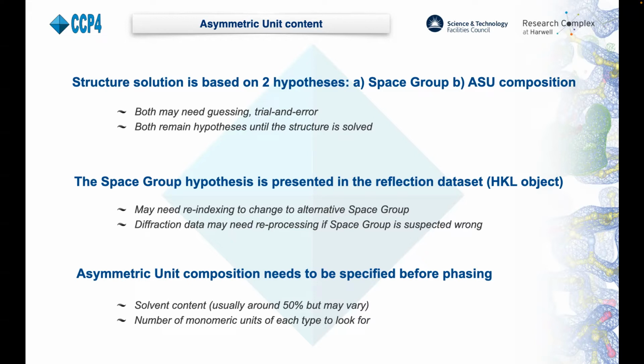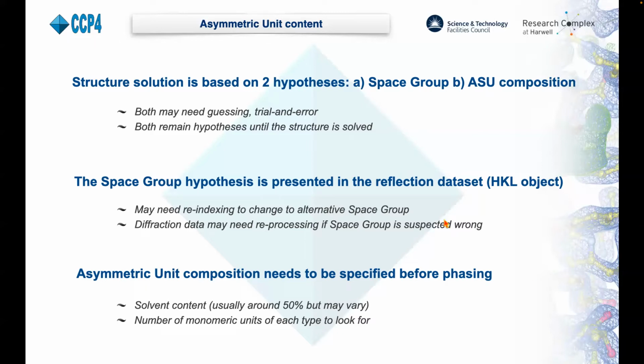The space group is suggested at the point of data processing, the ZR2 job up there in the project. And we did not question that choice so far, we just accepted it.